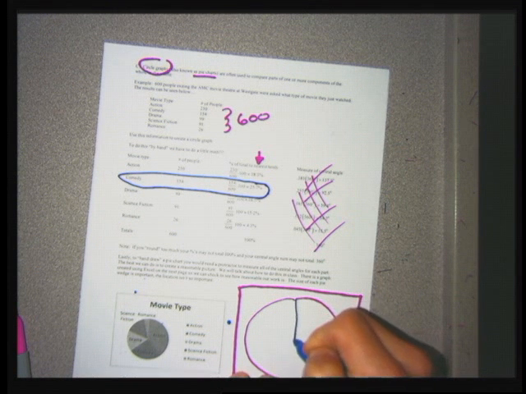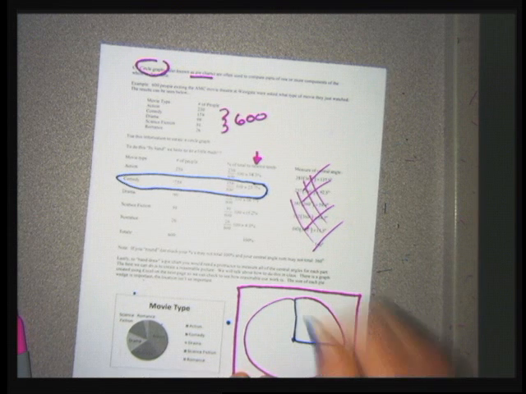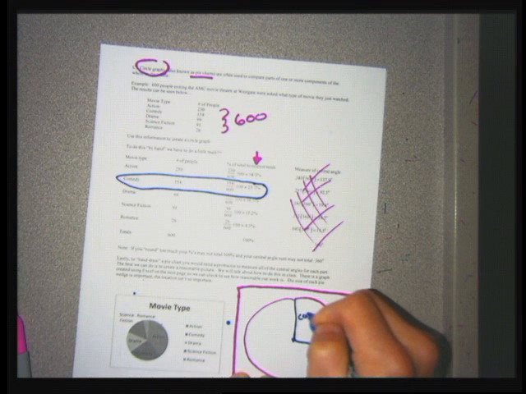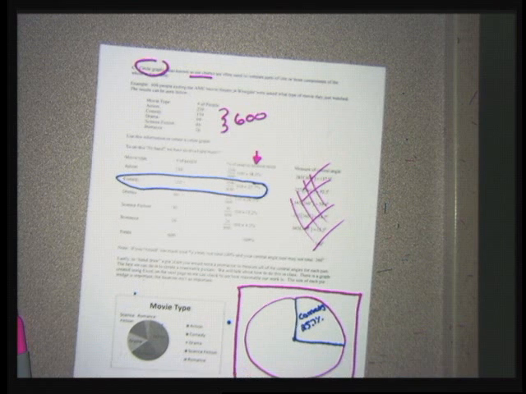So I'm going to go from the center and make a segment that's just a little bit bigger than a quarter of the circle. Maybe I'll write in here too. I'm going to write comedy, 25.7%. And that's kind of what our author would do. So I'm done with comedy, and now everything else I'm just going to make relatively okay.